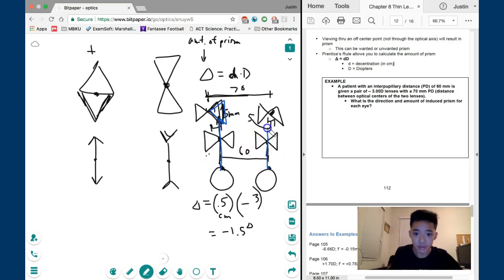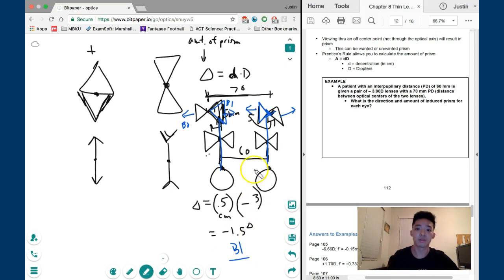This eye is also looking through this triangle, and that's base in, because the base is going in towards their nose, as opposed to base out, which means the base is pointing outward. This would be a base out, but this is base in. So if asked what is the direction and amount of induced prism for each eye, it'd be 1.5 base in.